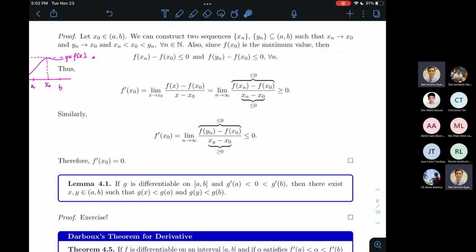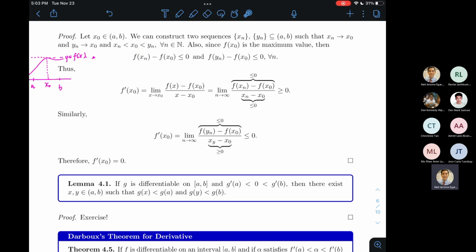And we can further put a restriction na i-consider ko lamang to be xn's ay yung mga mas maliliit kay x sub 0 at yung mga yn's sila naman ay mas malalaki kaysa kay x sub 0. So you can think of xn to be a sequence of numbers to the left of x sub 0, while the sequence y sub n is a sequence of numbers coming from the right of x sub 0.